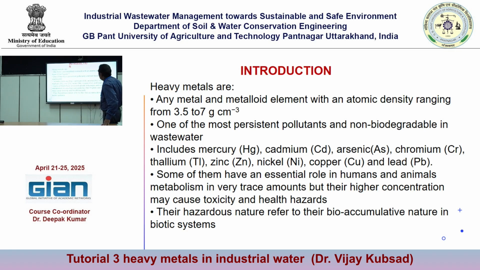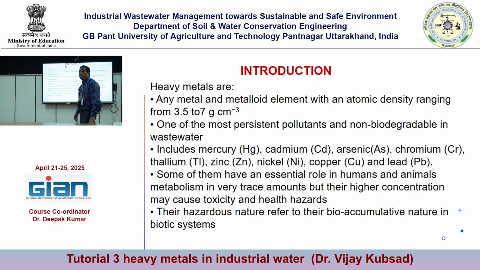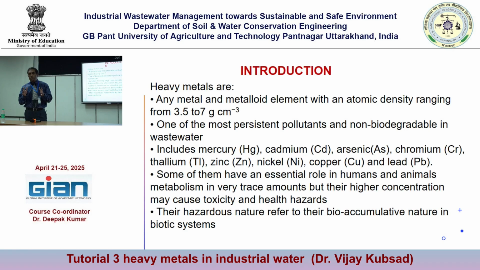Let us see. Heavy metals are any metal and metalloid element with an atomic density ranging from 3.5 to 7 gram per centimeter cube. Right? So what we are doing, we know in our earlier lectures we were discussing about heavy metals present in the water, wastewater.